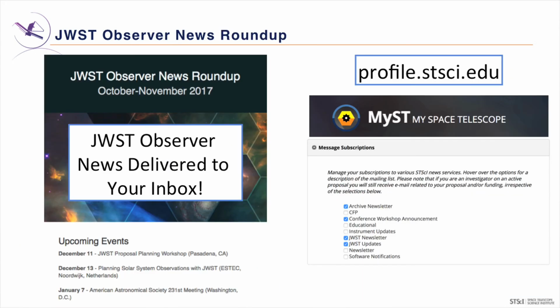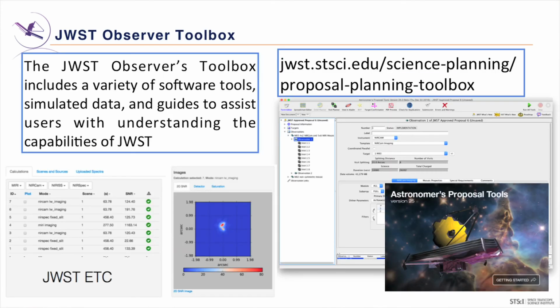We'll keep you in the loop via the JWST Observer News Roundup, delivered to your inbox. We wrap everything up and send it to you, and then you can read them at your leisure and follow the links through to the various information. You can manage your subscriptions to JWST Observer News through profile.stsci.edu.